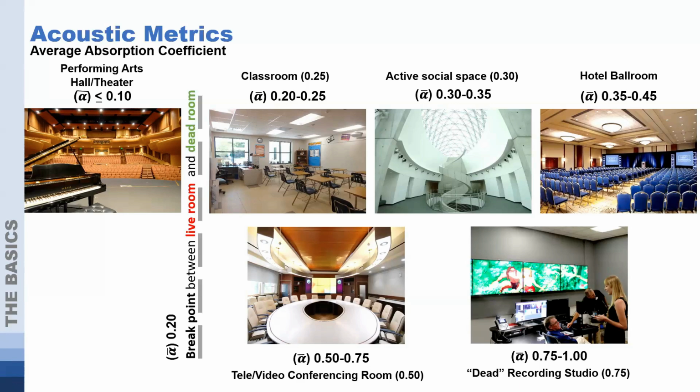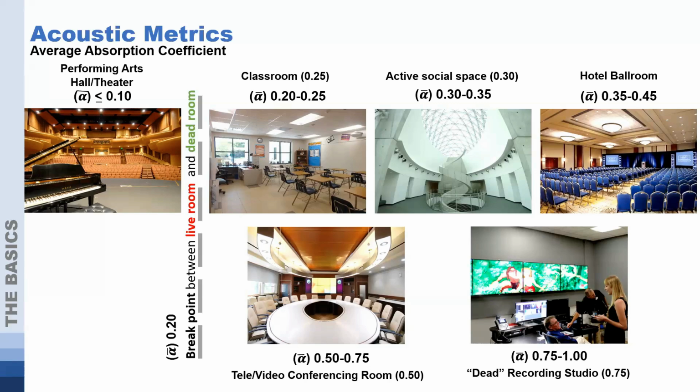And if we look at the next example, the tele/video conferencing room, ideally those rooms are very dead so that we're able to have a decent conferencing system and not have the acoustic finishes add a bunch of reflections into any type of conferencing or recording that's being done. And then at the furthest end of the spectrum is typically an alpha bar of 0.75 to 1 or so.